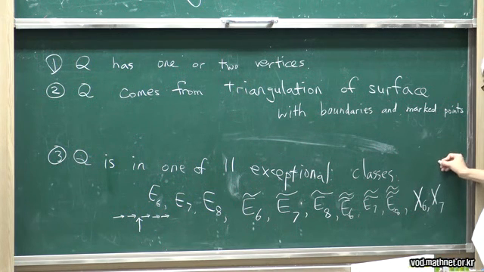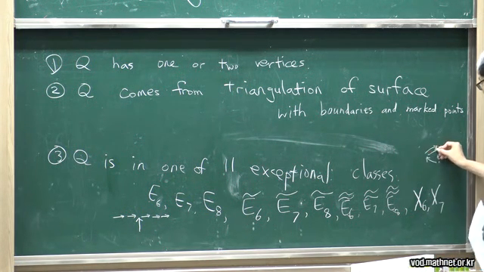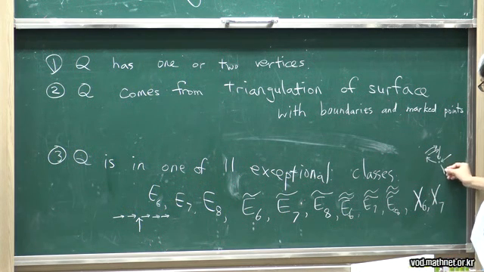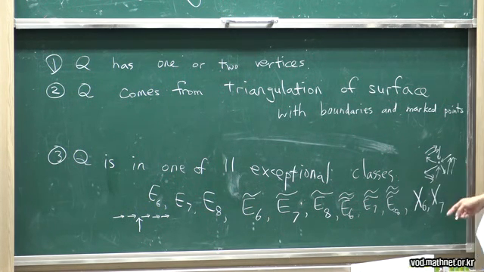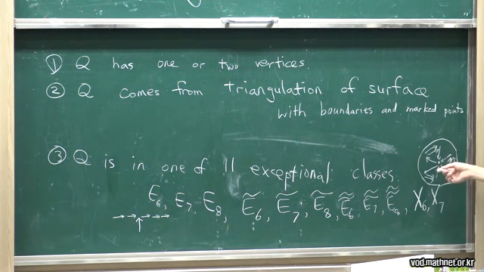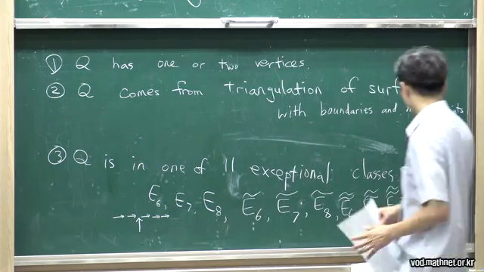X7 looks like this. Although it looks complicated, there are only two quivers in this mutation class. So there is not much we can do in this mutation class.